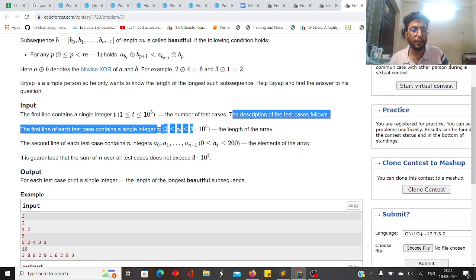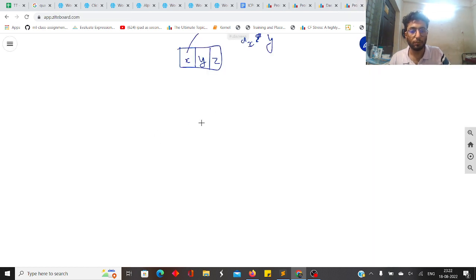What it was saying is that a_x XORed with y should be less than a_y XORed with x.